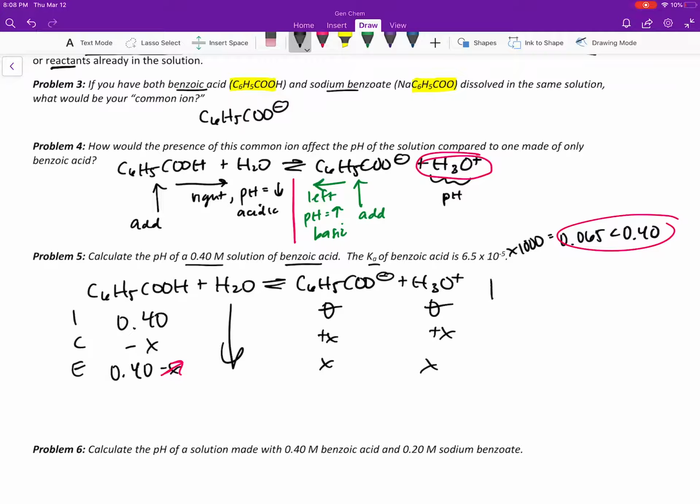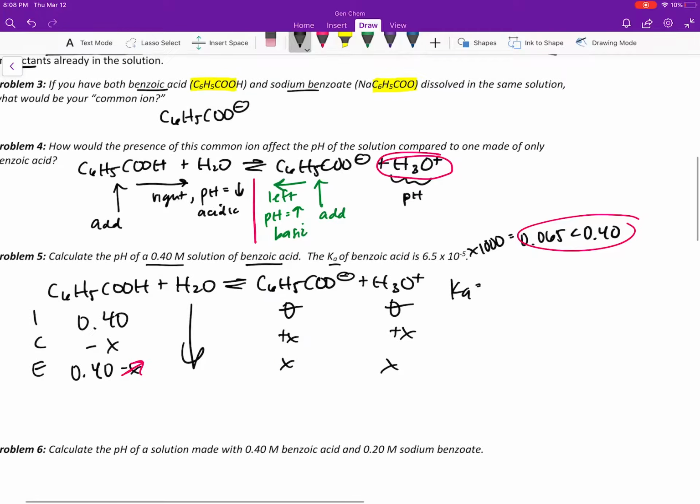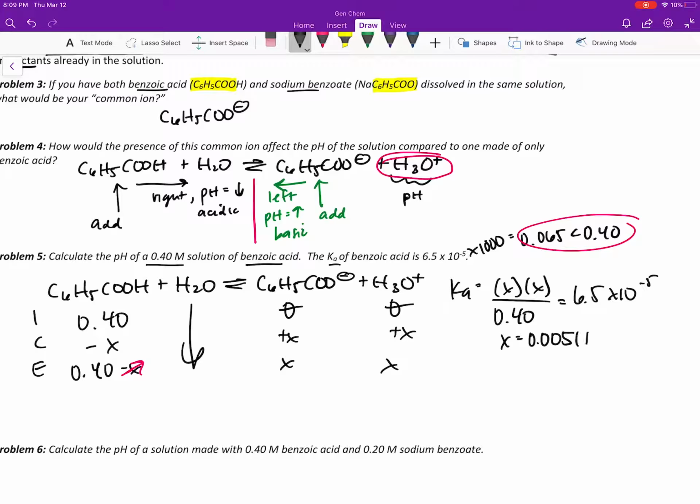So now I have Ka is equal to the products multiplied by each other divided by the reactants without the minus x, set that equal to the Ka, and when I solve out everything, x is going to be equal to 0.0051 molar.